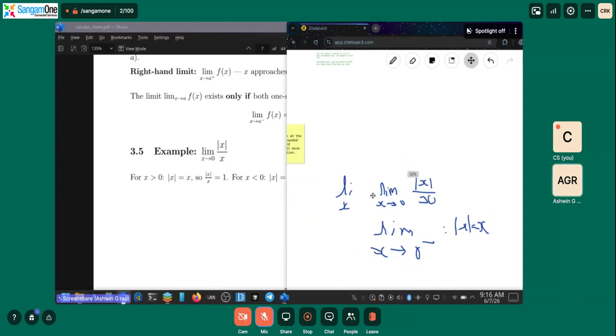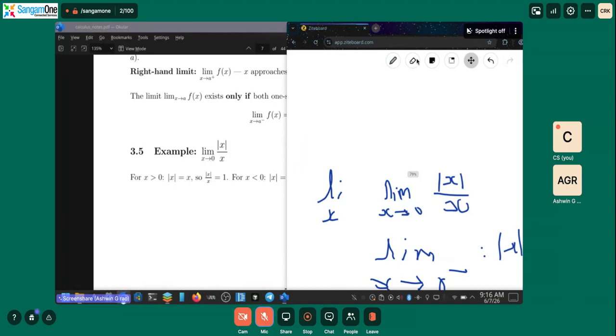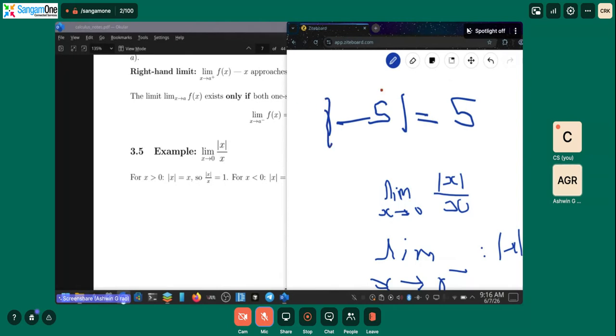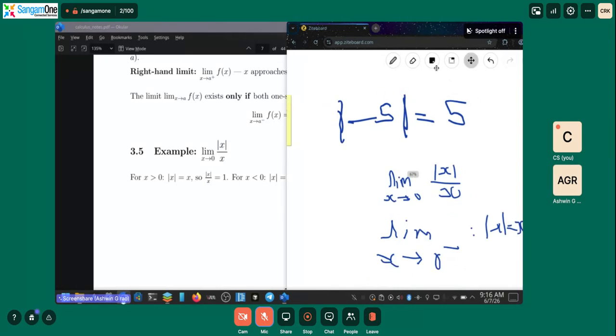Why? Because whenever x in mod x is a negative value like minus 5, it becomes positive inside the modulus sign. That's why.